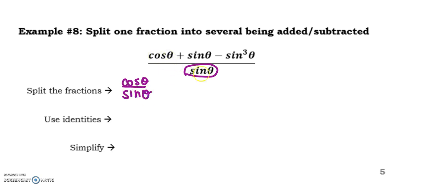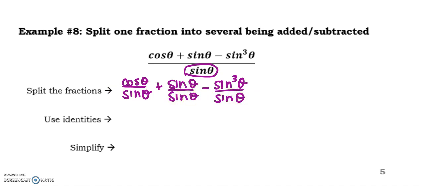So I'm going to do cosine over sine plus sine over sine minus sine cubed over sine. You can check your work, because if you added these right back, you would get cosine plus sine minus sine cubed all over that same denominator of sine.